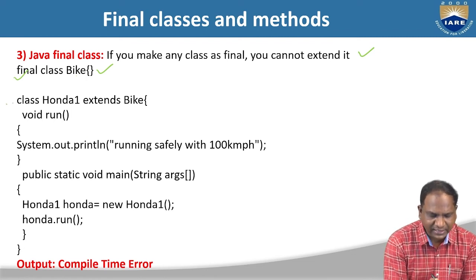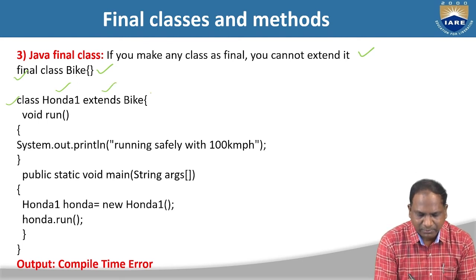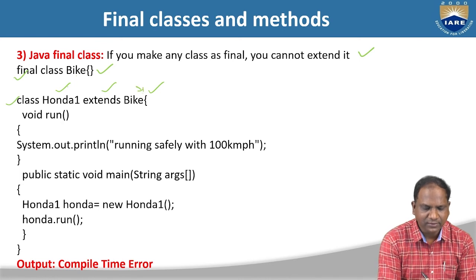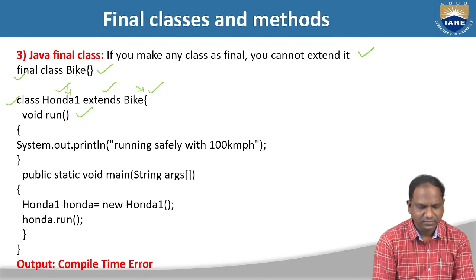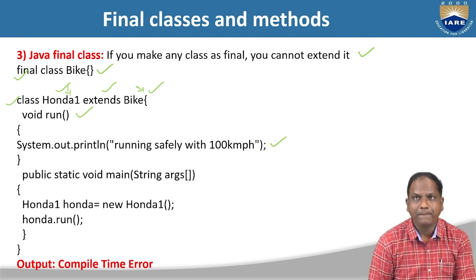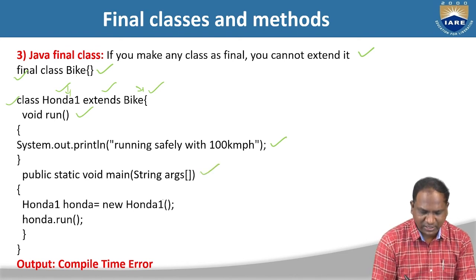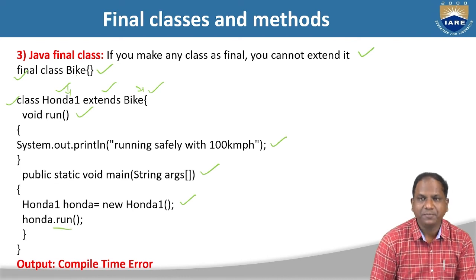Now see, a class named Honda extends bike. Here bike is the parent class and Honda is the child class. I have written one method called run method, with just one print statement. In the main method, I have created an object of the Honda class, then I said Honda dot run.